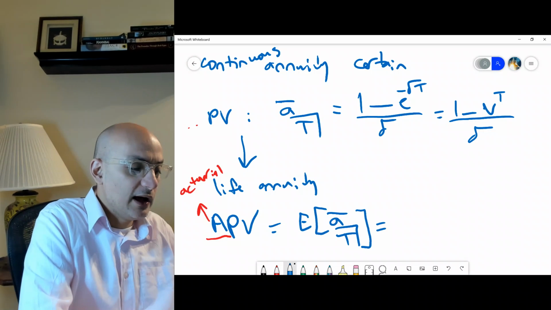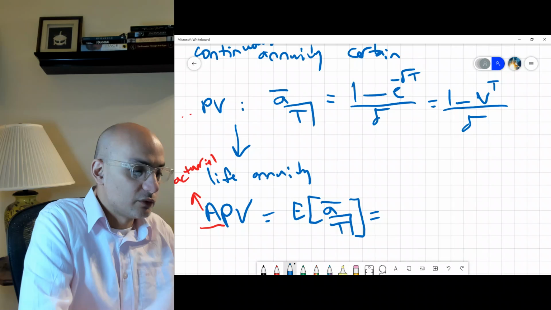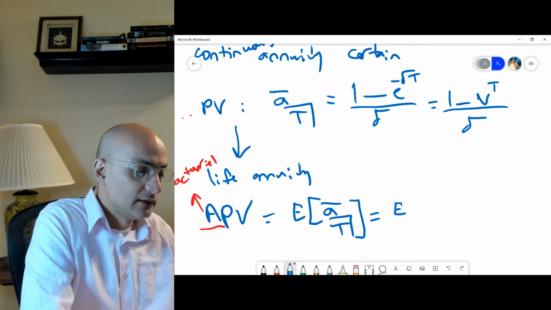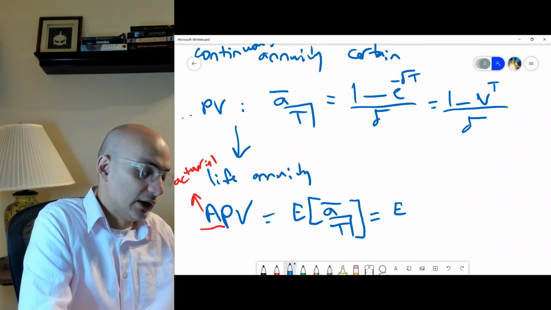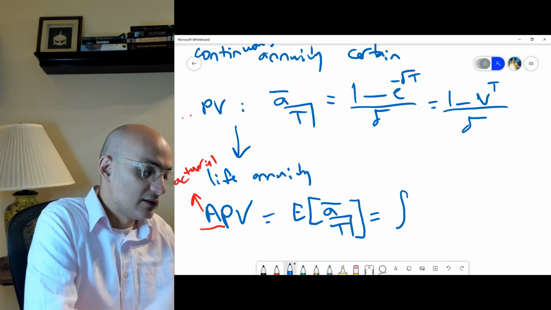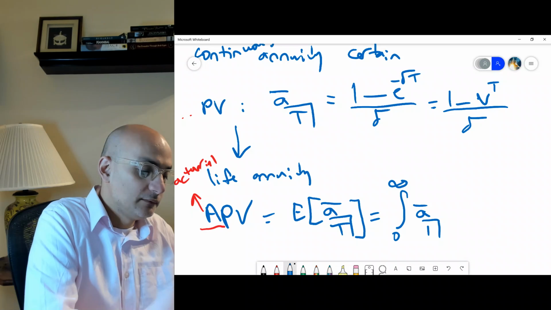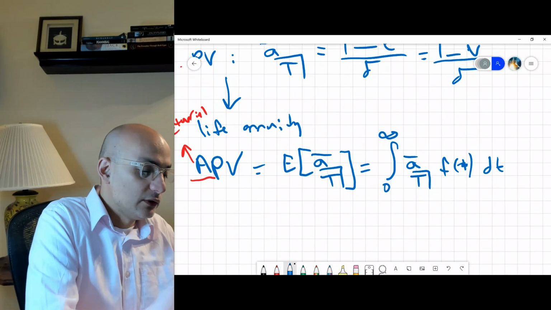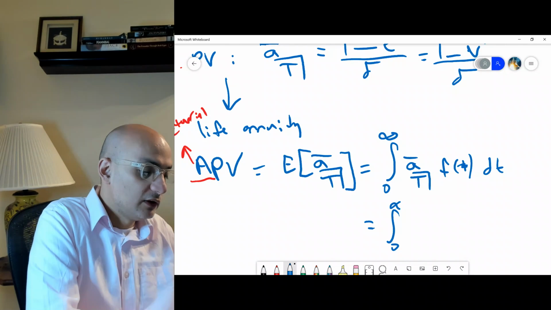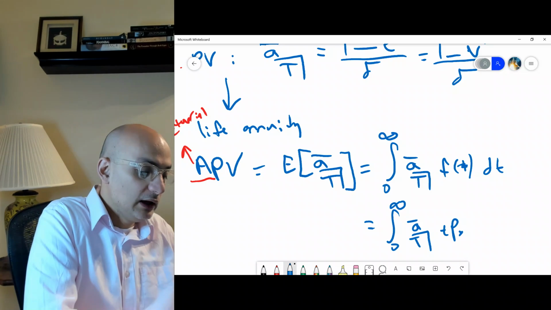So we need to take the expected value. You can write it right away. This is the continuous case, from 0 to infinity of a-bar T times f_T(t) dt. This can also be written as the integral from 0 to infinity of a-bar T times t p_x mu_(x+t) dt.